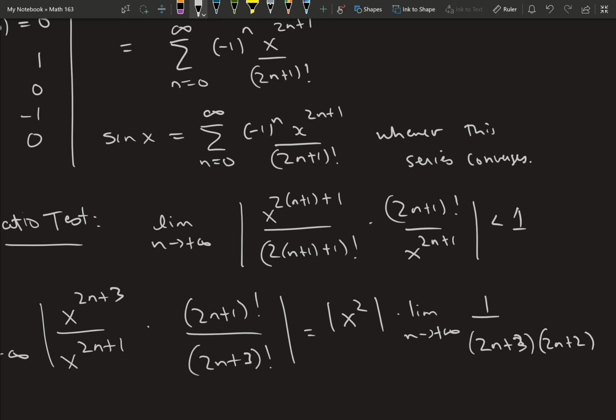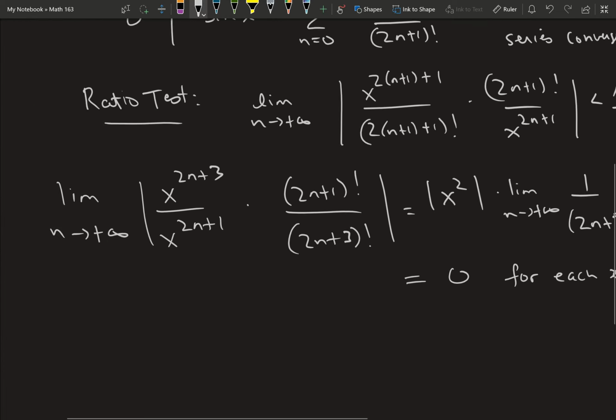And then everything else will cancel with the 2n plus 1 factorial. So all that's left is this. When n goes to infinity, this equals 0 for each x value. So no matter what finite x value you put in, that actually equals 0, and that's less than 1 for all x.